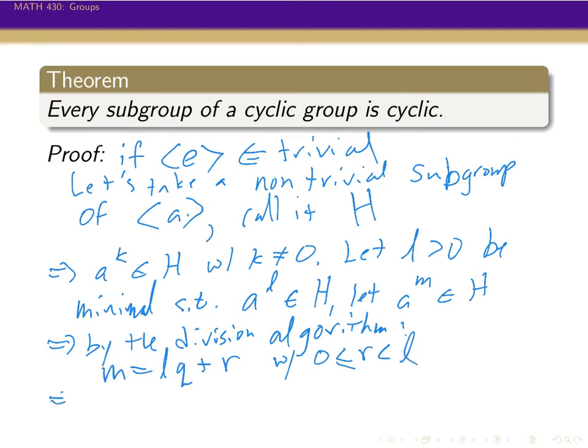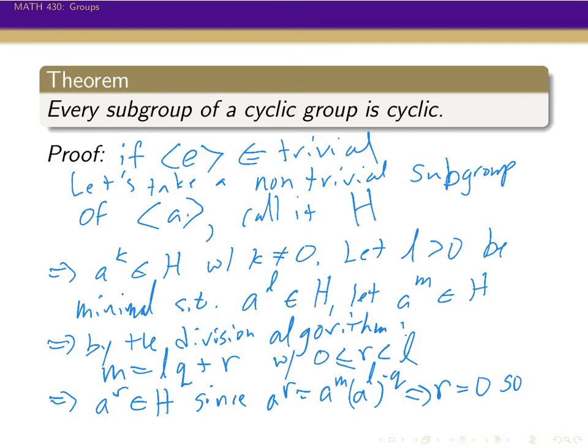And then my claim then is that A to the R has to be in H, because A to the R would be equal to A to the M times A to the L raised to the minus Q. And so since A to the M is inside H and A to the L is also inside H, then by closure, the product of A to the M times A to the L to the minus Q would have to be inside H. And so that would give us back A to the R. But since L is the minimal positive power that's inside H, this means that R has to be equal to 0.